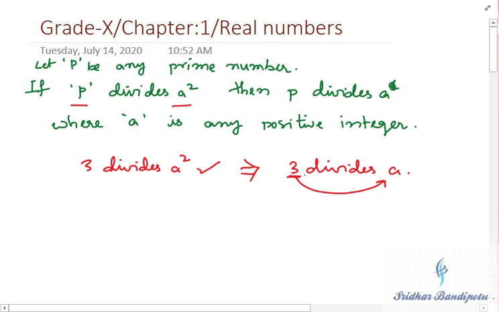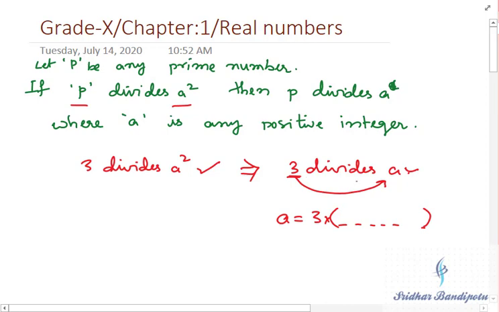Does only 3 appear in the prime factorization of a? No. There are some other numbers also, so the factorization will be 3 into p1, p2, p3, and so on.